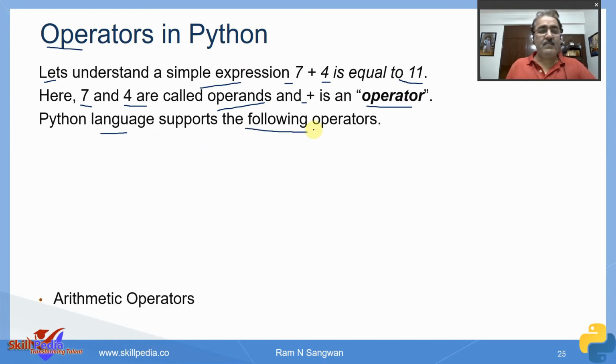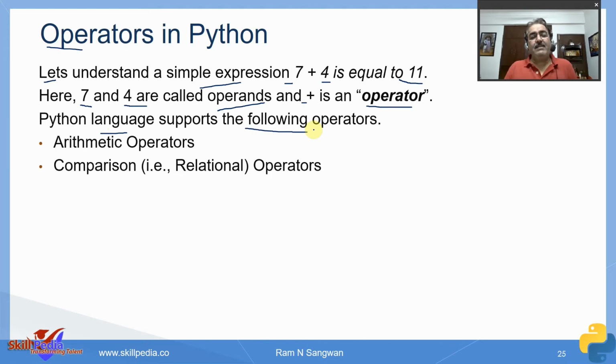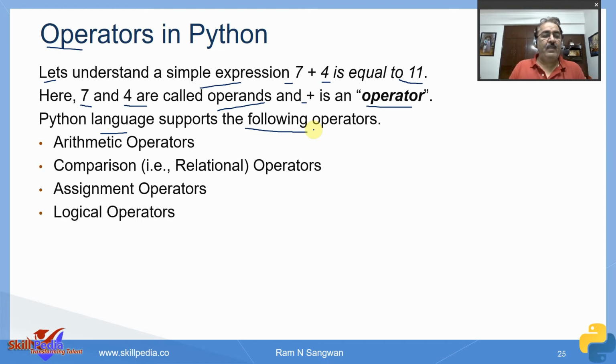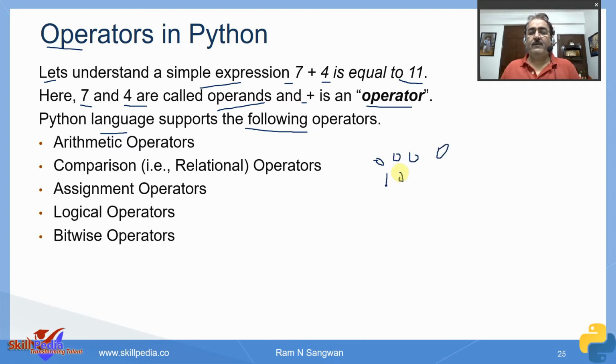Python language supports these operators: arithmetic, comparisons like relational, assignment where you assign the values, logical which results in true or false, and bitwise, which performs operations on the bits in your number. You have two numbers and you want to perform some bitwise operation on them: between this bit and this bit, between this bit and this bit, and individually what all possible operations are allowed.